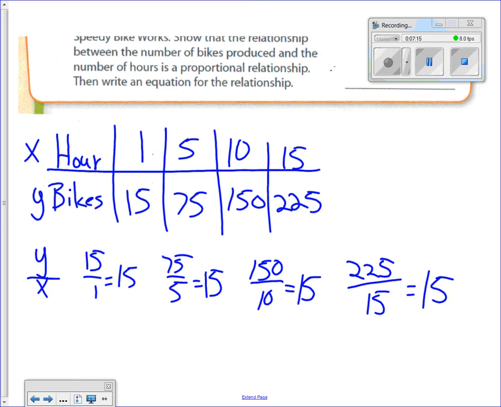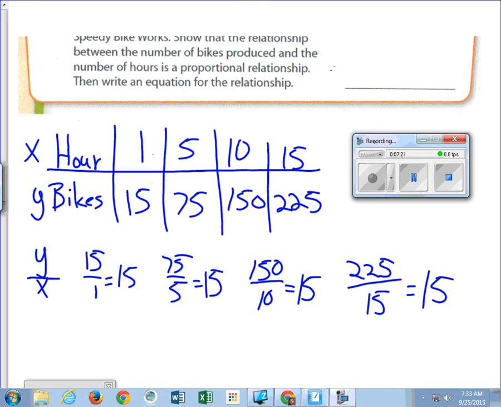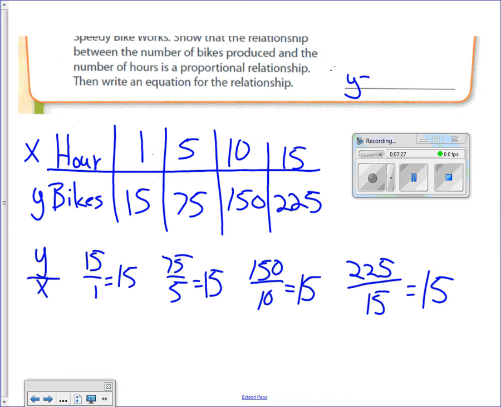And they all equal 15. So what is the equation? Well, we found that 15 is our k. It's going to be y equals 15x.